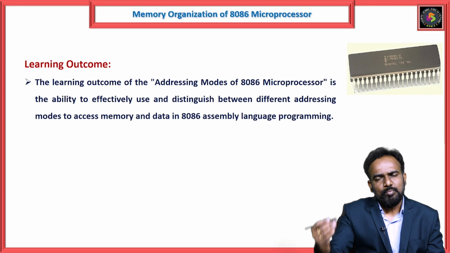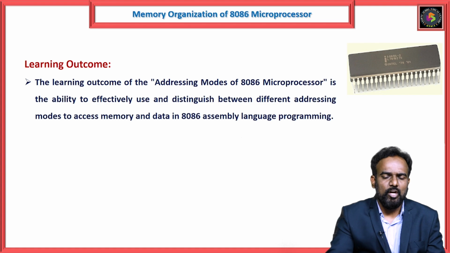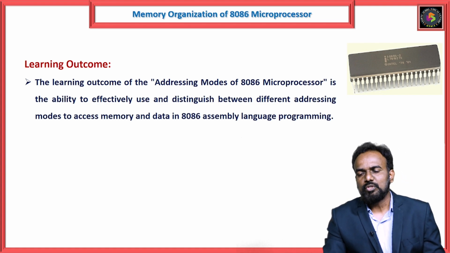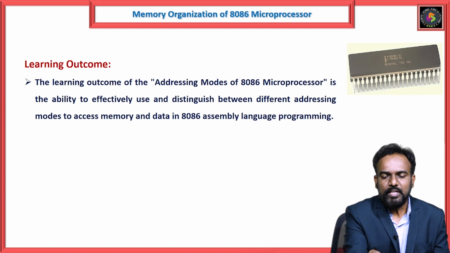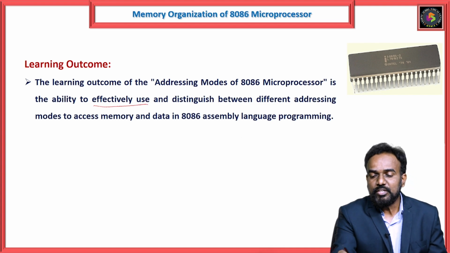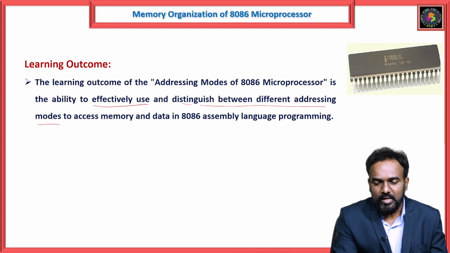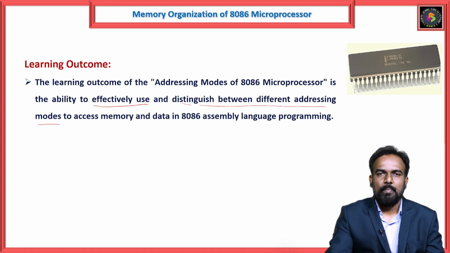After learning this topic, the students will be able to understand. The learning outcome of the addressing modes of the 8086 microprocessor is the ability to effectively use and distinguish between different addressing modes to access memory and data in 8086 assembly language programming.